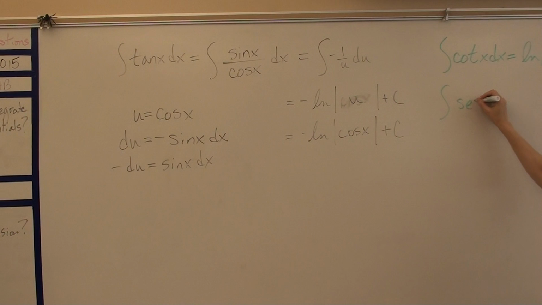The integral of secant is positive the natural log of the absolute value of secant x plus tangent x plus c. And the integral of cosecant is negative the natural log of the absolute value of cosecant x plus cotangent x plus c.